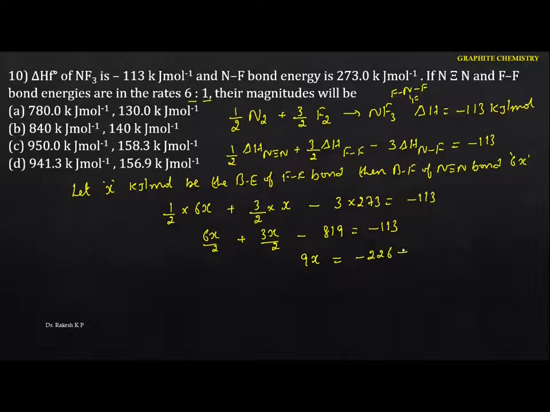This becomes plus. Again you have to multiply the 2 to this one, we are going to have 1638. That is 9x, which is equal to 1412. Hence the x value is 156.9 kilojoule per mole.